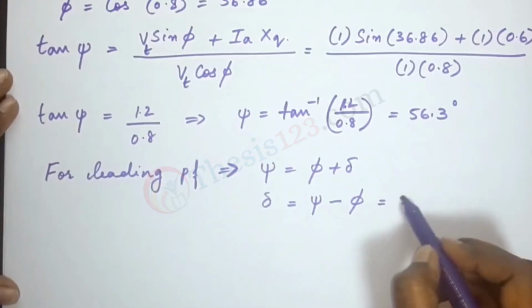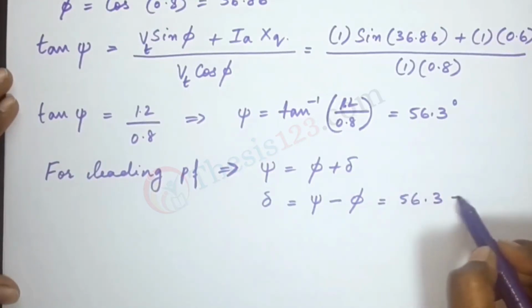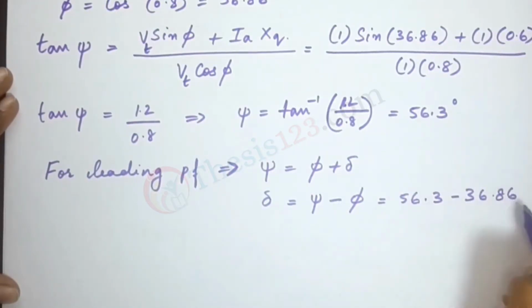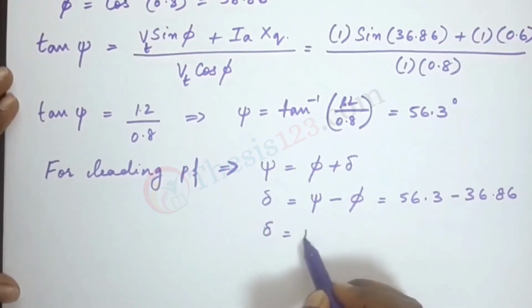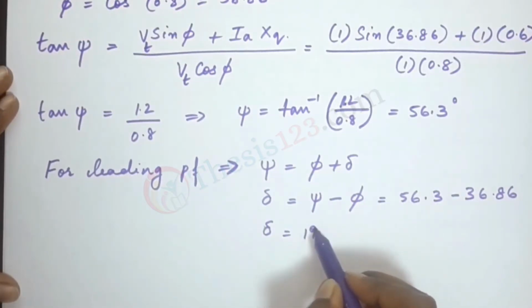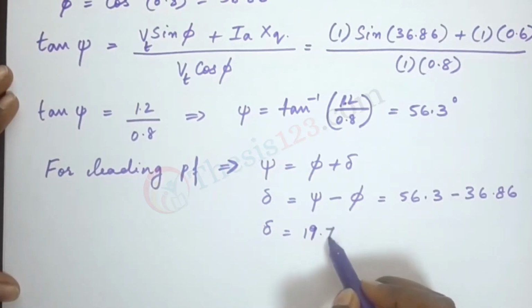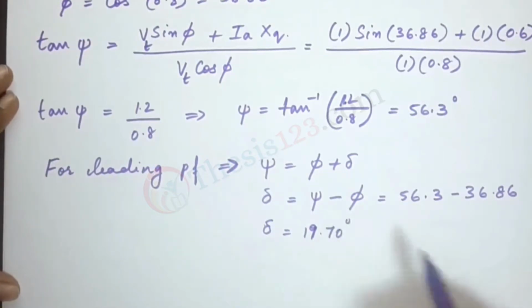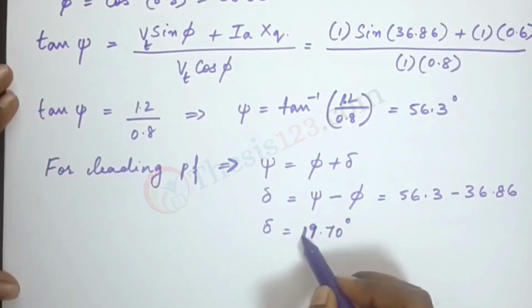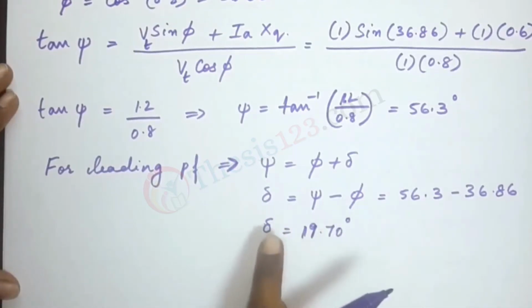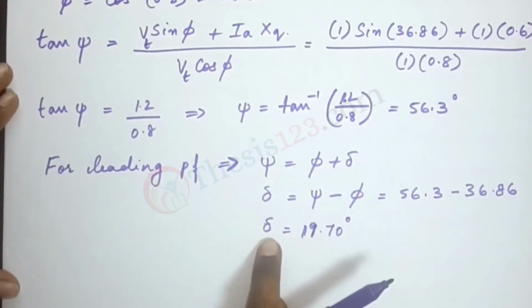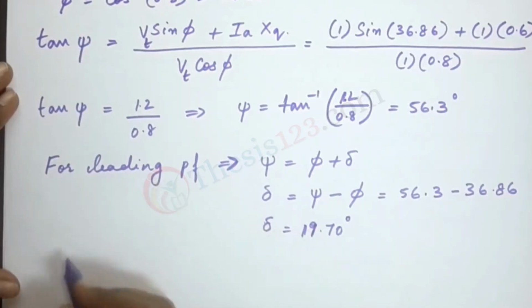That would be 56.3 degrees minus 36.86. So that gives us a delta of 19.7 degrees. So now that we have delta value, we can find out what the induced voltage is.